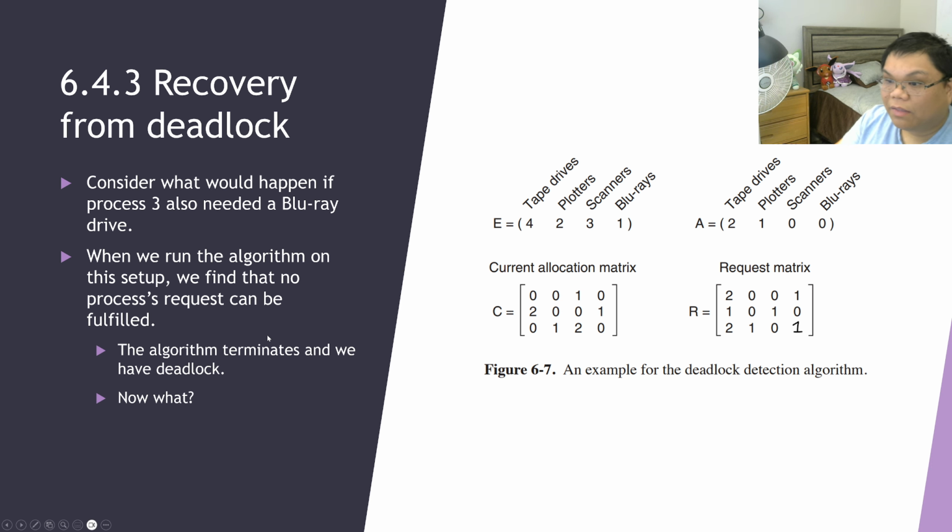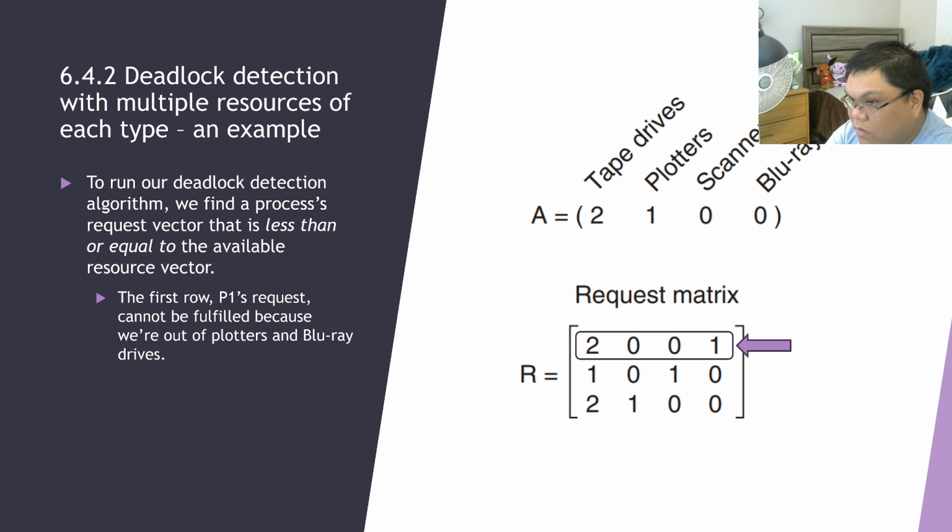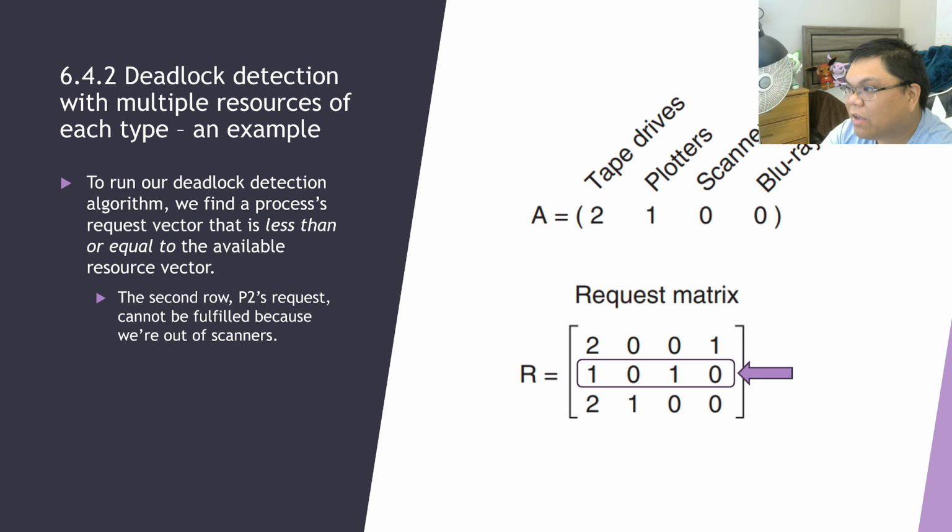So, consider a different scenario in which process C also needed a Blu-ray drive. We know from the previous example that process A's request could not be completed because we didn't have a Blu-ray drive. Process B's request could not be completed because we didn't have a scanner.